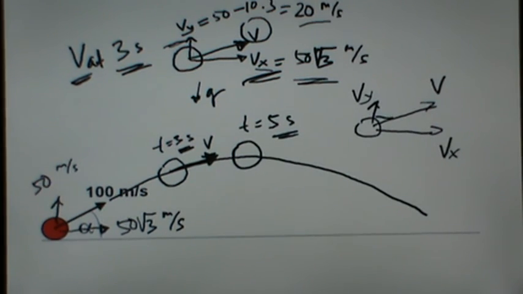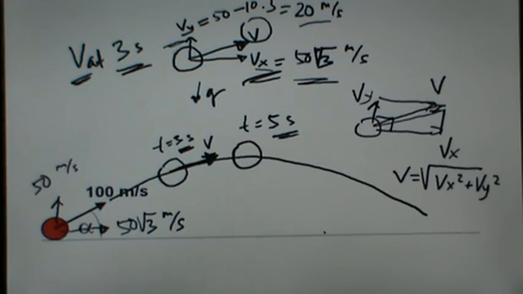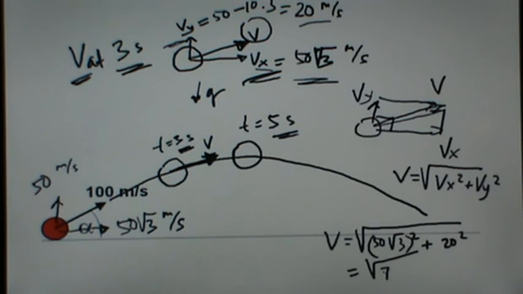Since they are perpendicular to each other, and v here is the hypotenuse, v will be the square root of Vx squared plus Vy squared, or the square root of (50 square root of 3) squared plus 20 squared, or we get the square root of 7900, or 88.88 meters per second. So this is the velocity at 3 seconds.